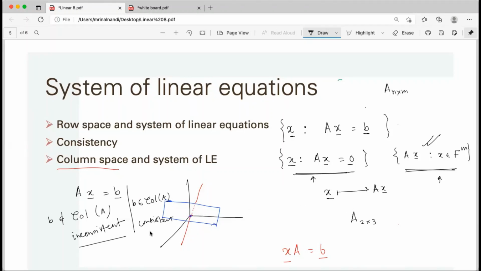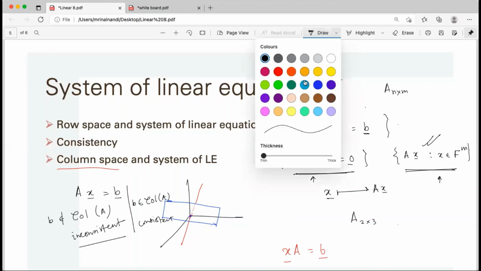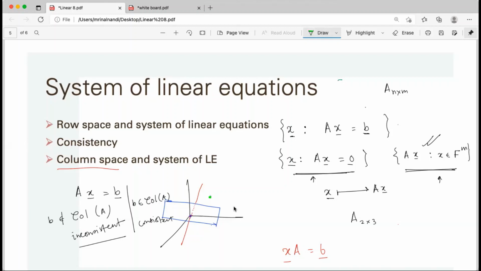Now, if it is inconsistent, no solution is there. So if we take B from outside this blue plane, say a green point outside the plane, then this equation has no solution.